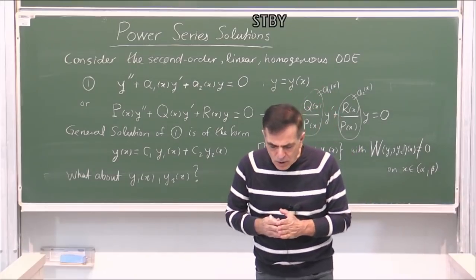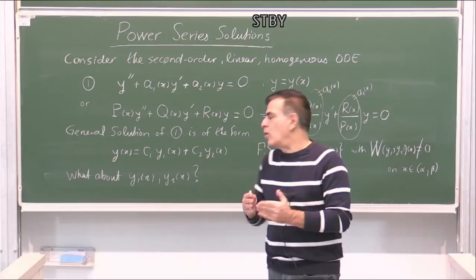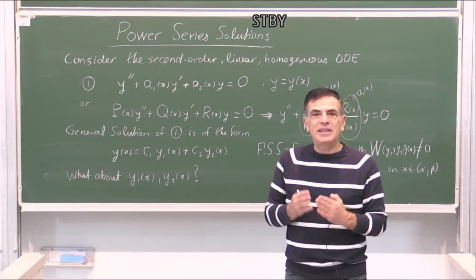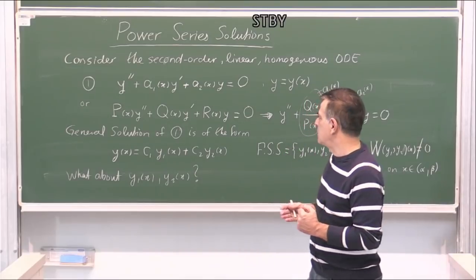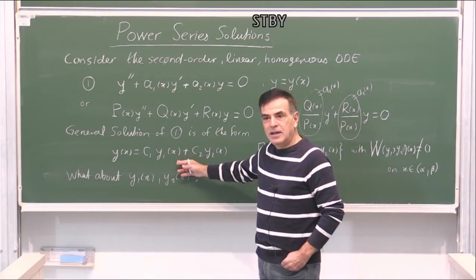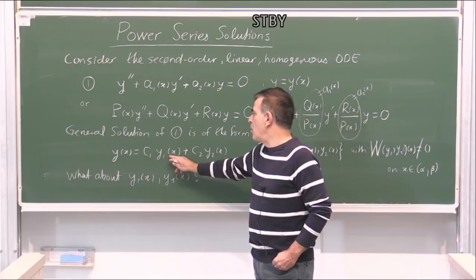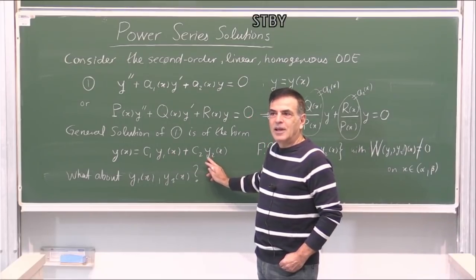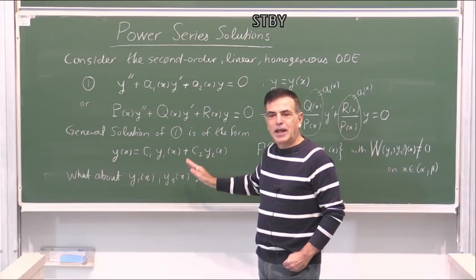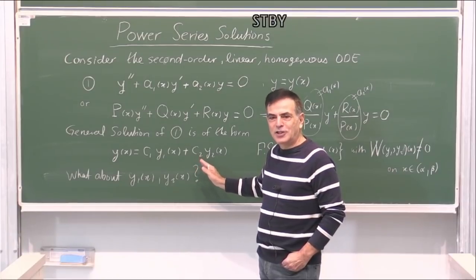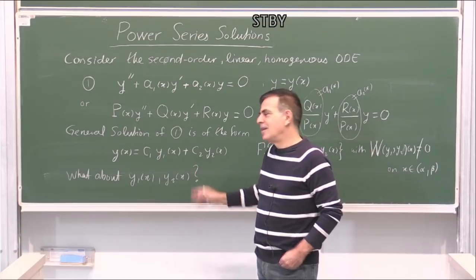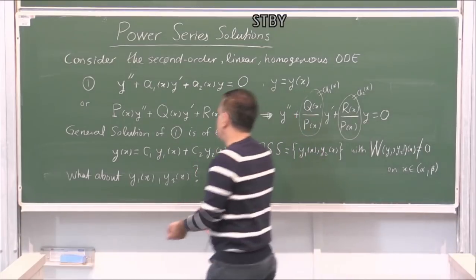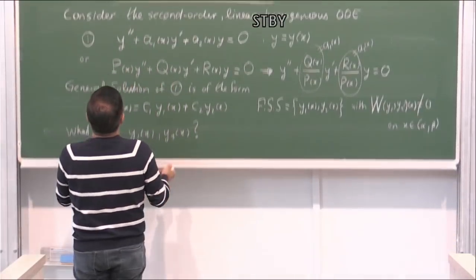In other words, to find closed form, explicit analytical solutions, writing both y1 and y2 as a finite combination of known elementary functions, is not possible.